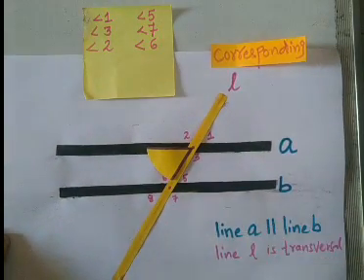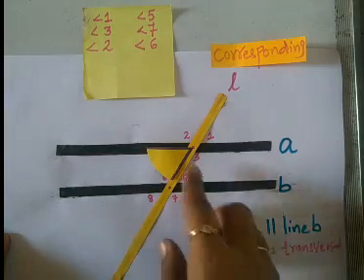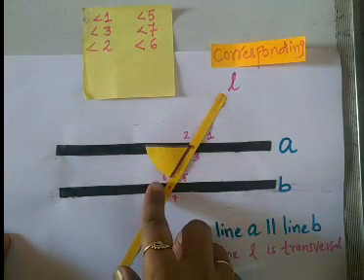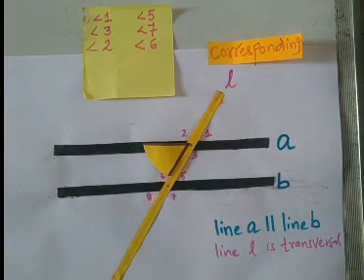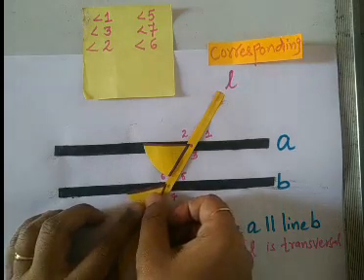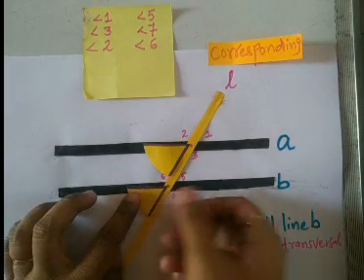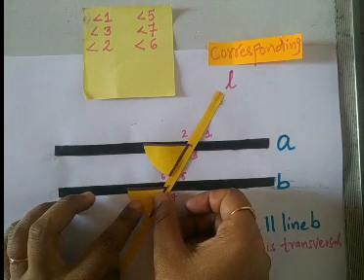So for corresponding, what we need to do is leave one angle after that on the same side. Angle number 4 is on the left side of the transversal. So after angle number 4 there is angle number 6. Leave that angle, and the next angle there is angle number 8. So this is my angle number 8.